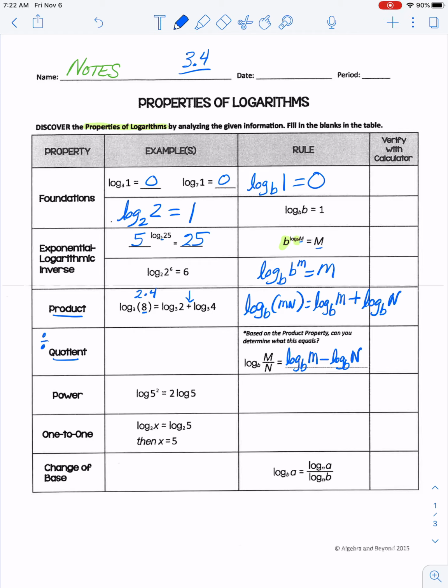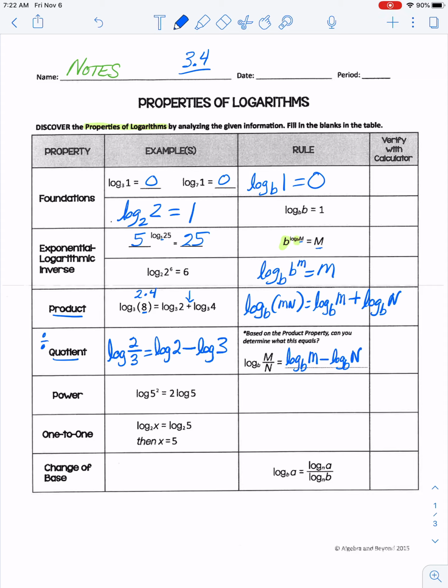And if you think about your exponent rules, that's exactly what we've got going on here. Let's see an example. Log of 2 over 3, or 2 divided by 3. You're going to take the log of the top, so 2, minus log of the bottom, which is 3, and you've expanded it as a difference of two logarithms.